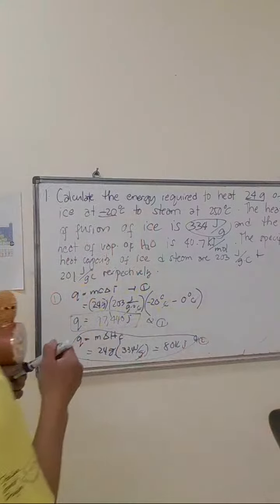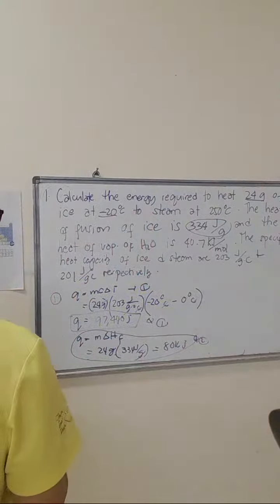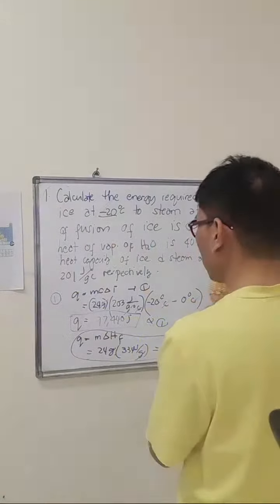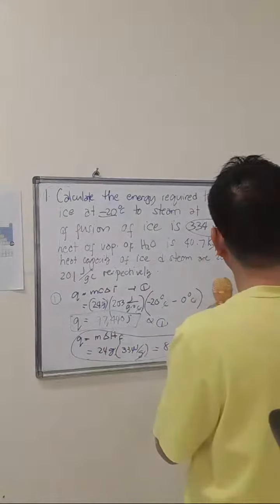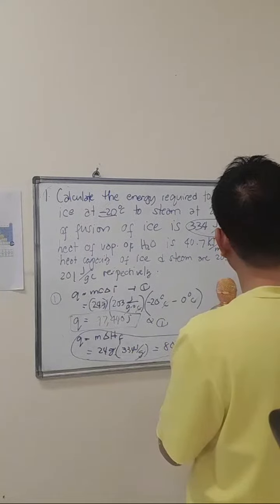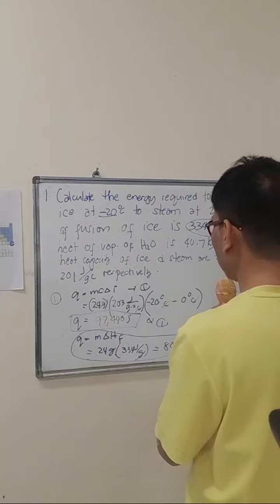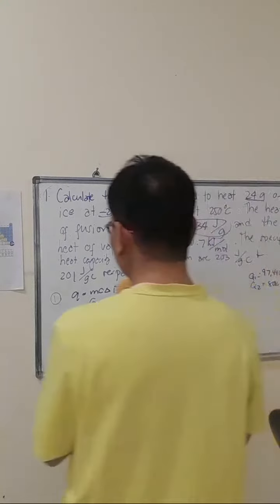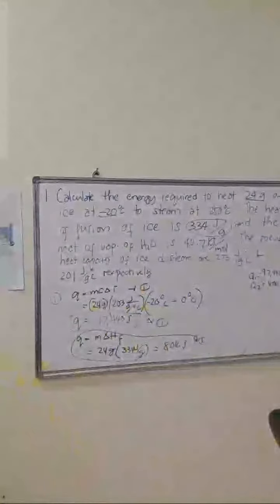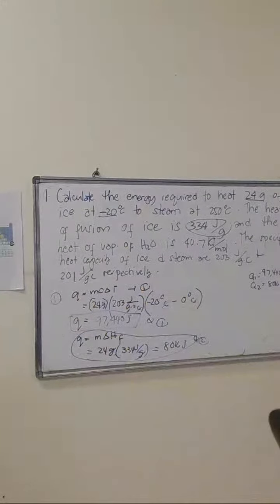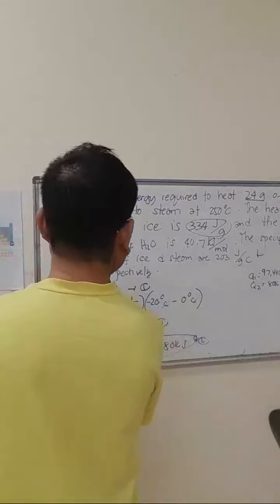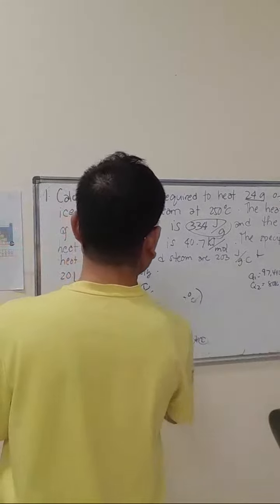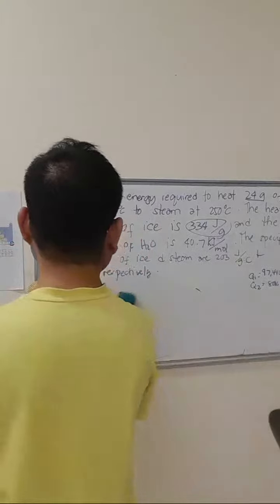Now let's compute for Q3. Q1 is 97,440 joules. Our Q2 is equal to 8,016 joules. And now we go to Q3. Upon heating that one, this is a temperature change.